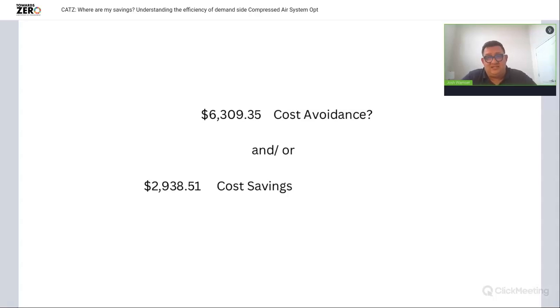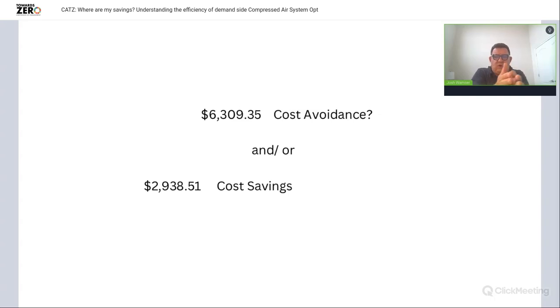On the cost avoidance side, we've got to ask: is the demand profile so even that it just sits there at 0% and runs the whole time unloaded, or does it have a couple hours a week where it's running unloaded, or a couple points only?